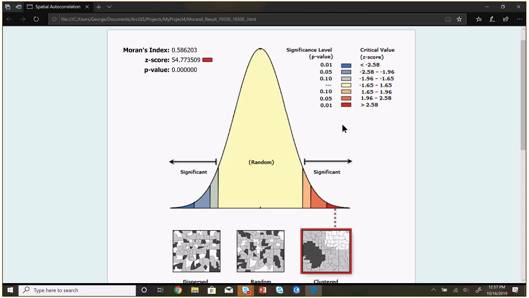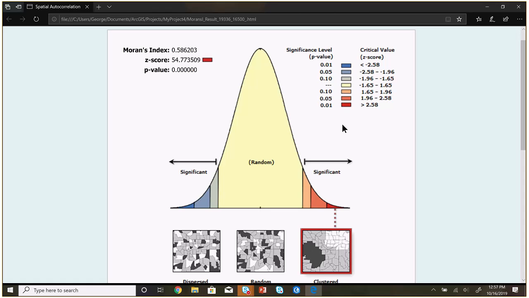Okay. So Moran's index, which we'll talk about in a second, is basically the correlation coefficient. So is that value positive or negative? It's positive. So before when I said it ranges from 0 to 1, I meant -1 to positive 1. So this is positive spatial autocorrelation.